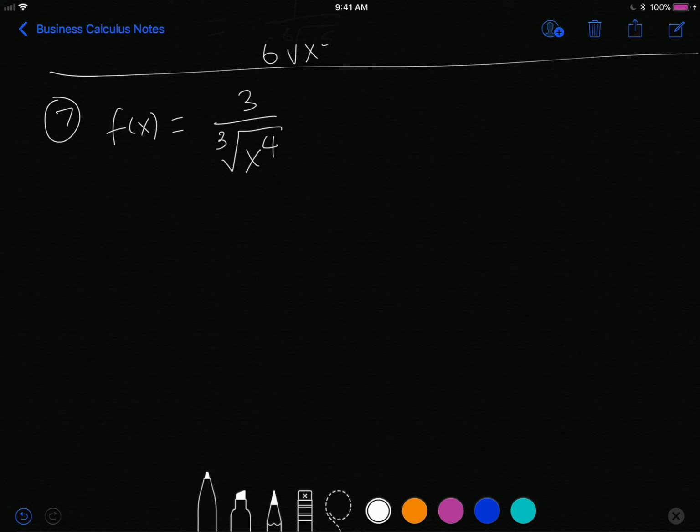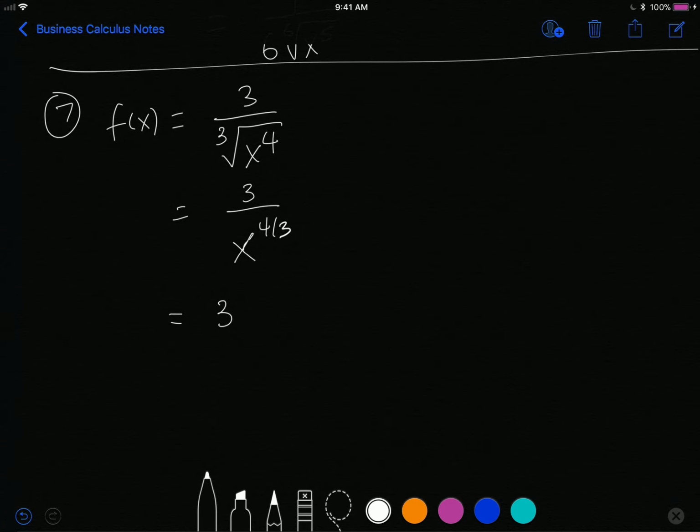Well, in this example right here, I first get rid of my radical. So again, divide by 3. And so I have x raised to the 4/3 power. But again, it's in the denominator, and so I have to move it up and switch the sign, and so it becomes 3 times x to the negative 4/3.